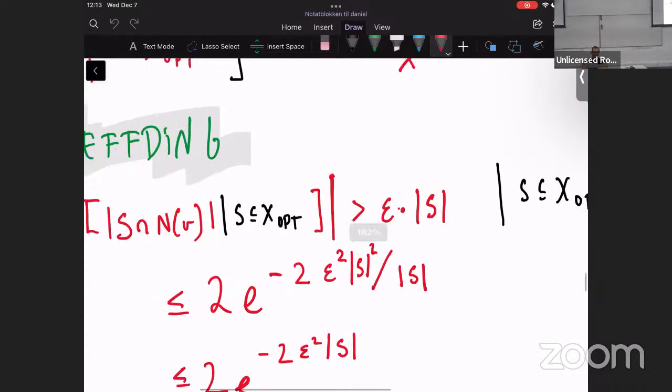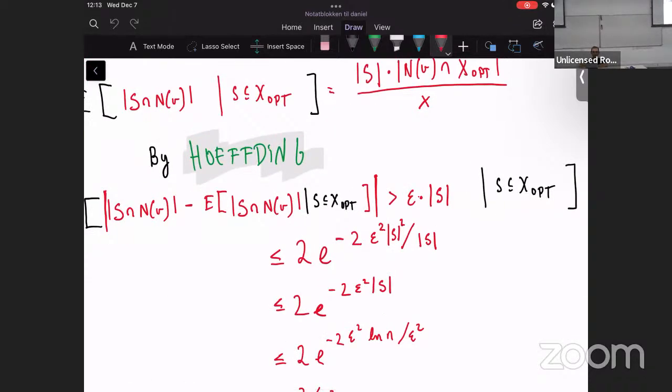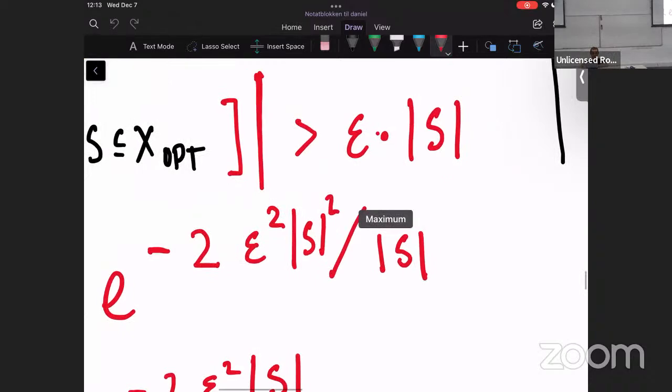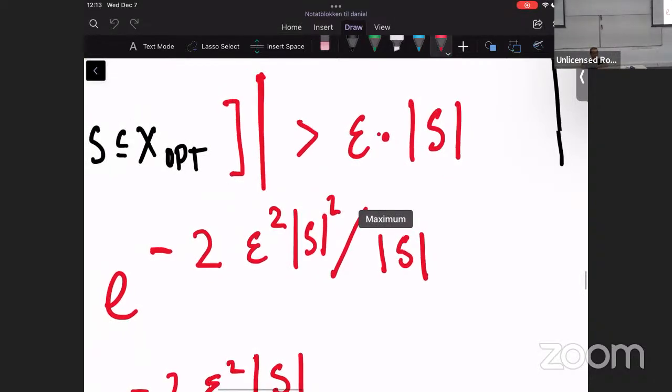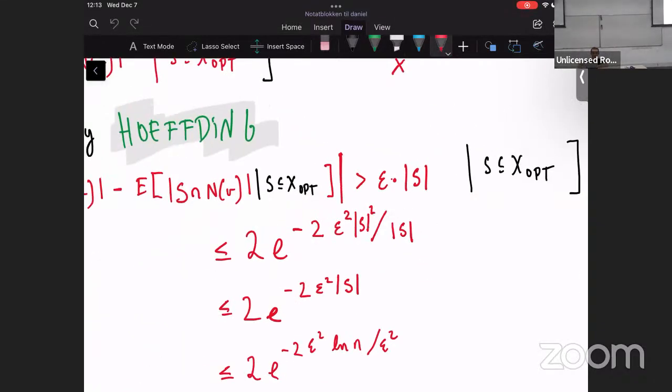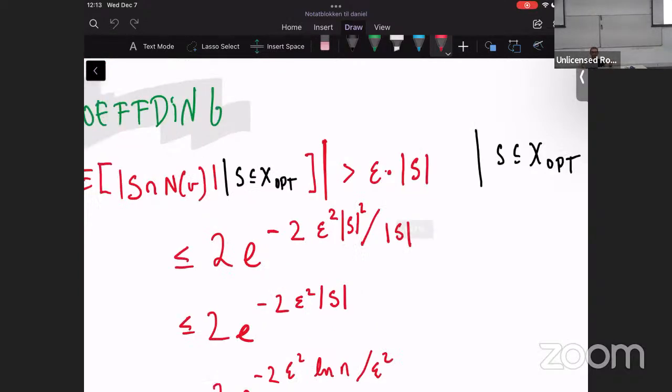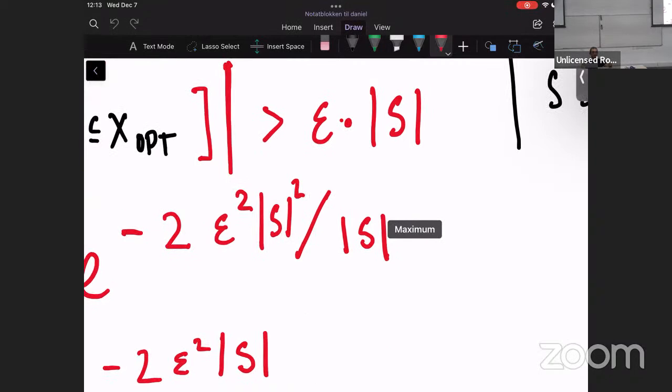What does Hoeffding say? The probability of being at least something away is e to the minus that something squared. That's where you see the epsilon squared S squared down below, divided by the sum of the ranges squared. But these are all 0, 1 random variables, so the sum of the ranges squared is just 1 minus 0 squared, S many times. So now I'm just dividing down by S.